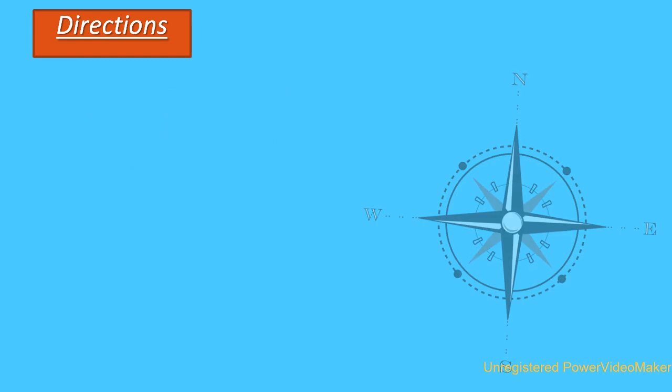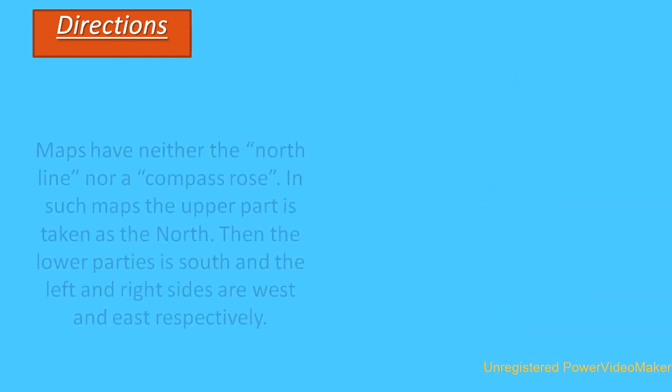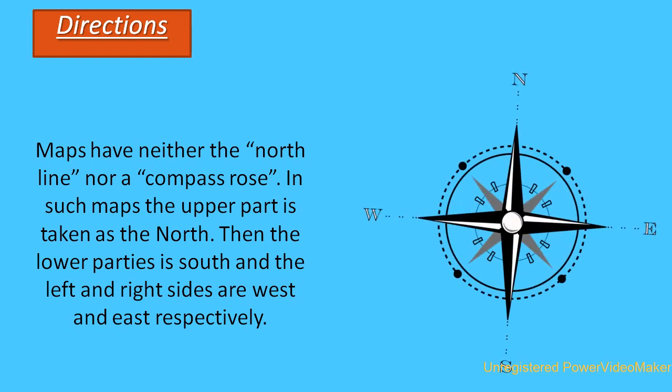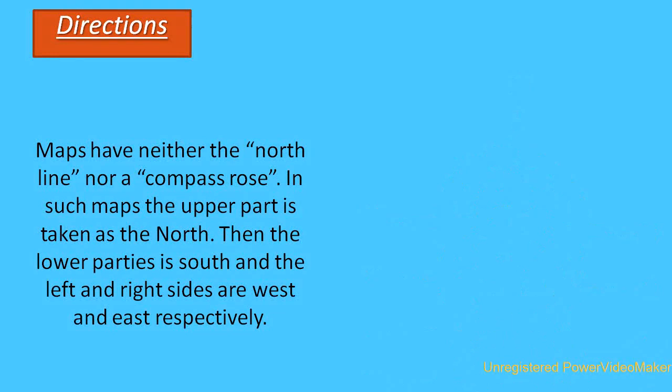But some maps have neither this north direction or the north line or this compass. Suppose one map does not have both these things.